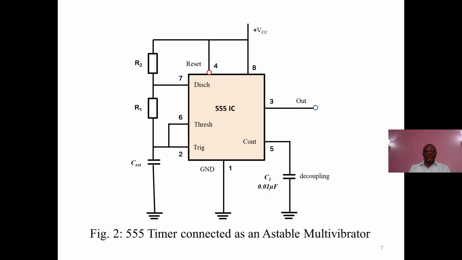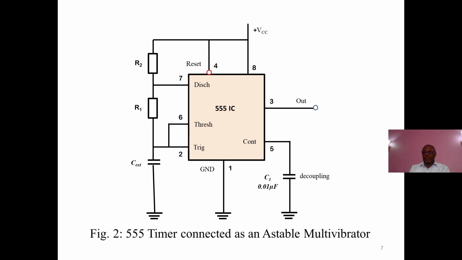Now you see what we are talking about. The 555 timer, to work as an astable multi-vibrator, you have to tie pin 6, the threshold pin, to the trigger pin. Then you have the R1 and R2, which we say is the resistive voltage divider circuit.